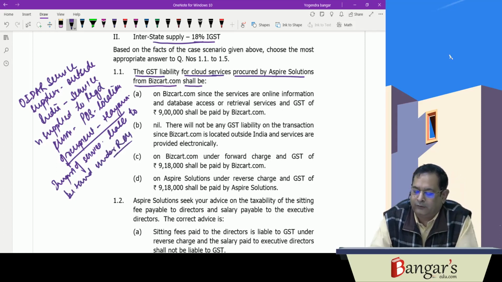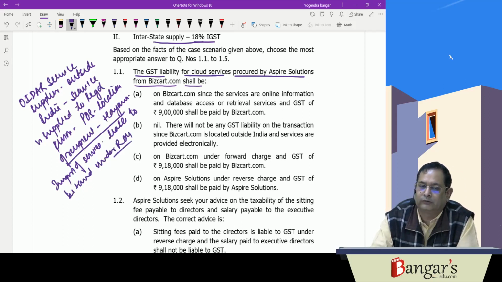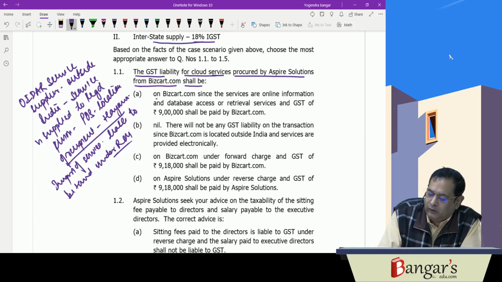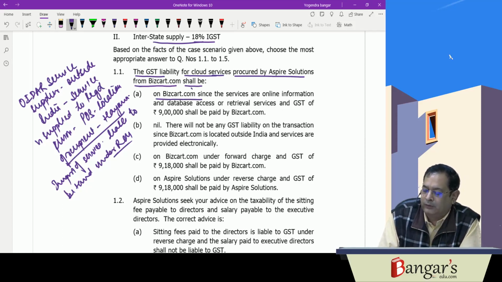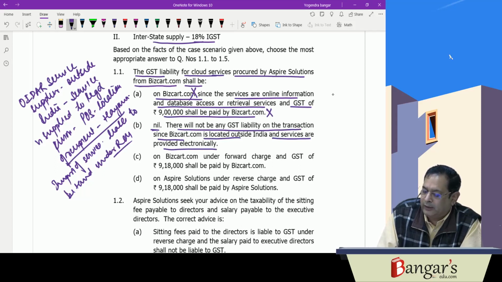Now, what is the first statement? GST liability for cloud services procured by Aspire Solutions from bizcard is on bizcard.com, since the services are online information and database access or retrieval service, and GST of 9 lakh rupees shall be paid by bizcard. That is not correct. It is nil, there will be no GST liability since bizcard.com is located outside India and services are provided electronically.